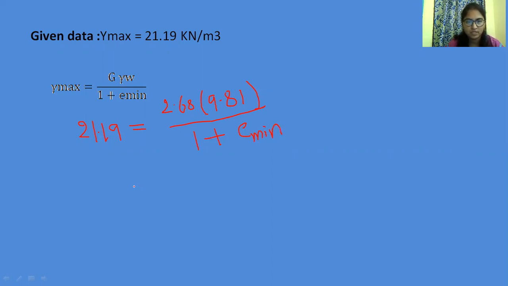Now calculate e minimum. What is the value of e minimum? 0.241.